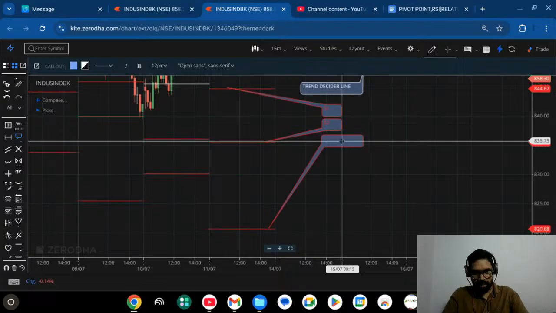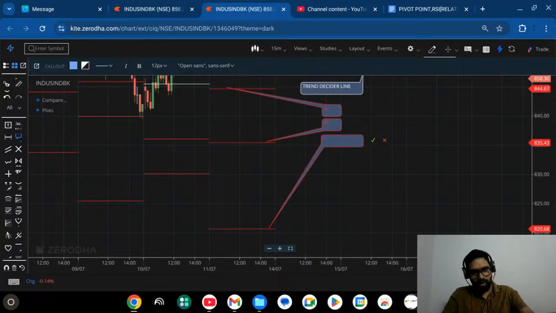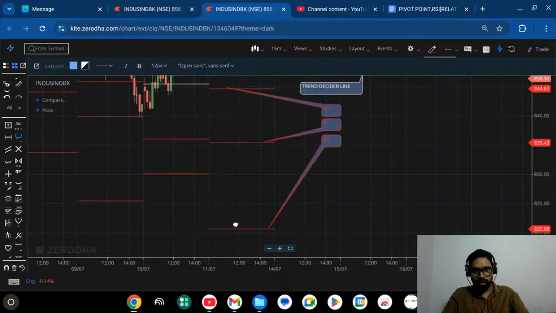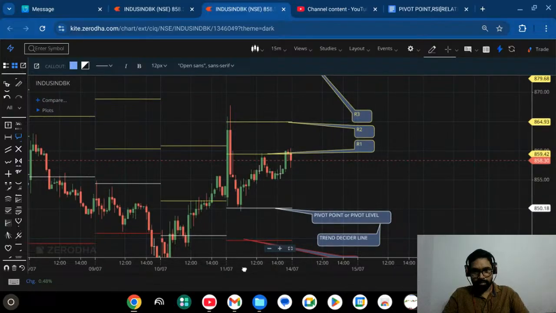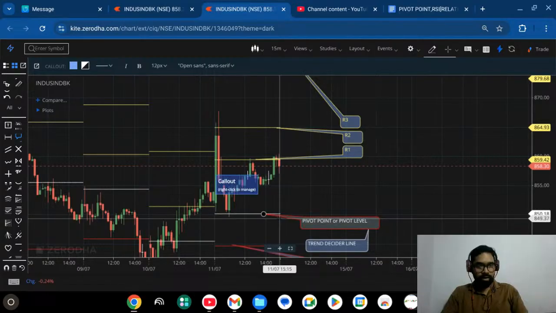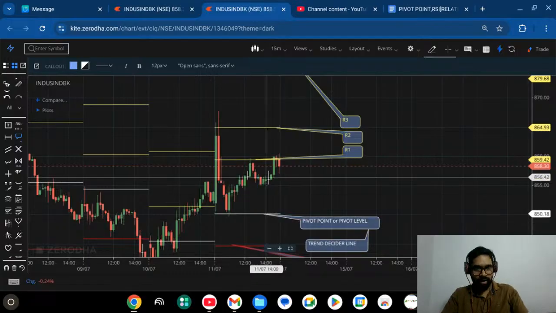Generally, we can use the three support lines or three resistance lines, because S3 is the maximum oversold level if it is in the sell zone, and R3 is the maximum upper limit, which is the overbought zone.